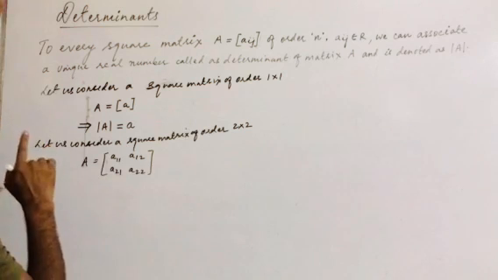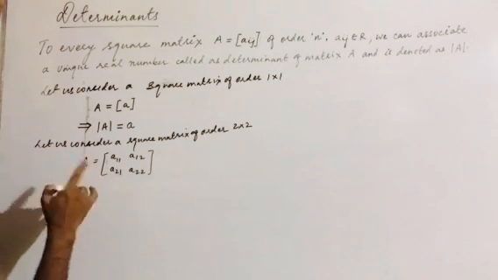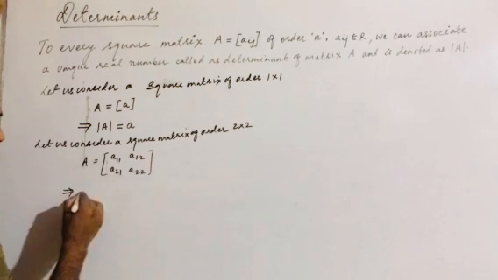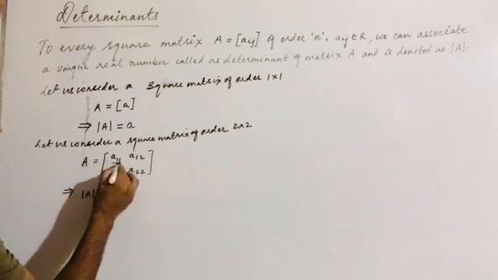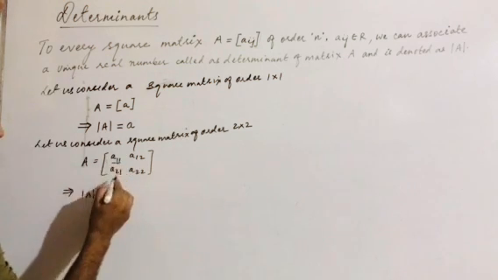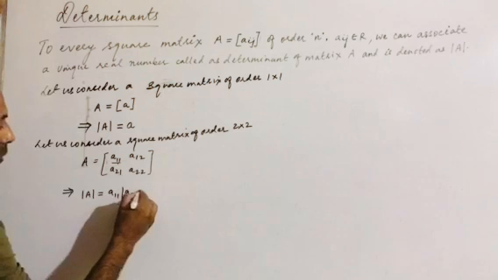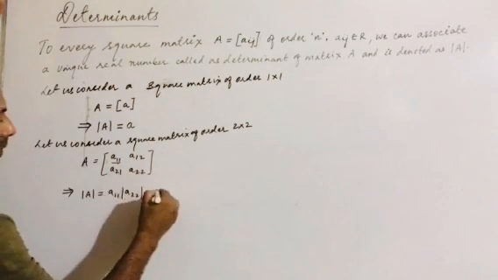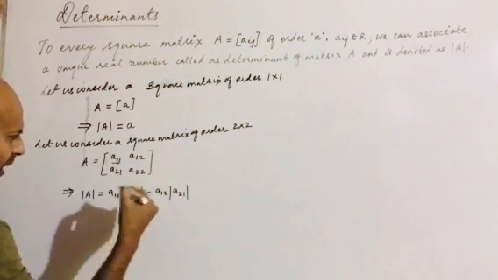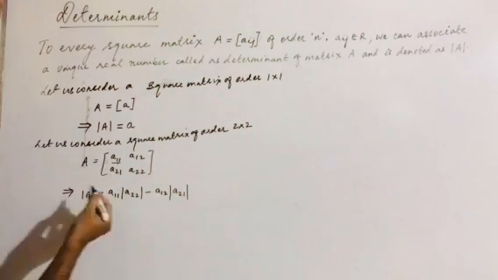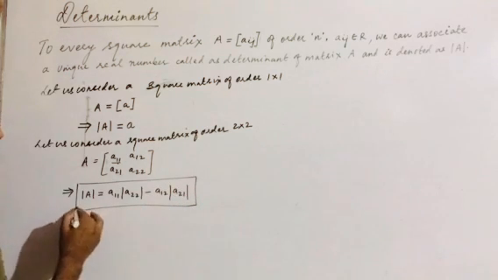If the determinant of this matrix needs to be calculated, then determinant of A will be equal to A11 times A22, minus A12 times A21. It will be very clear in the next example how to find the magnitude of a matrix and relate it to the determinant.